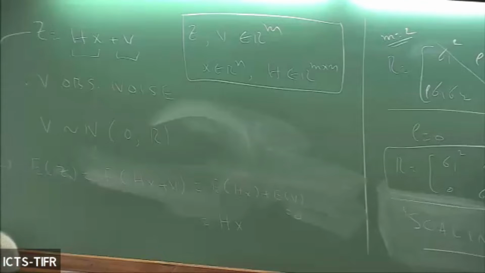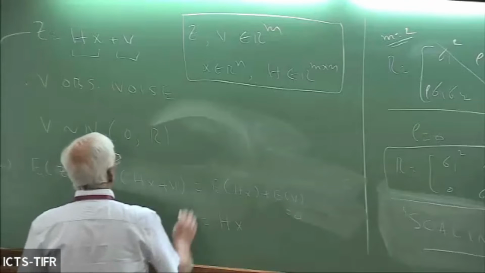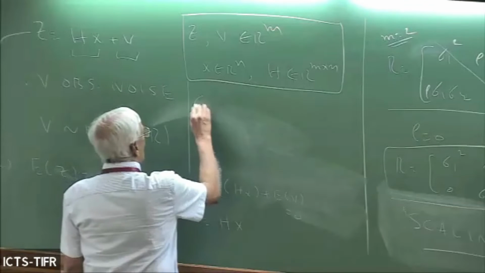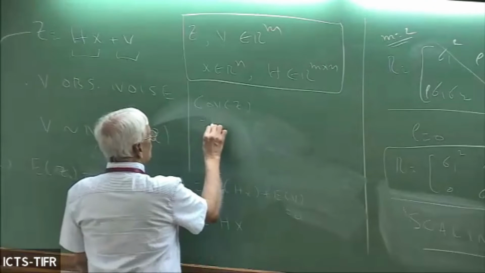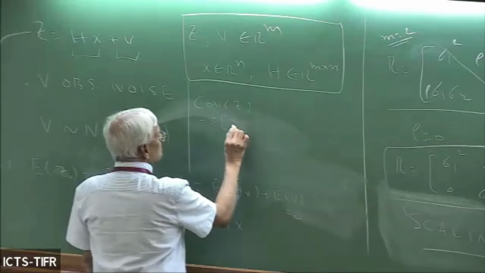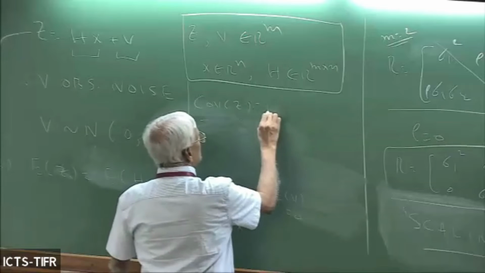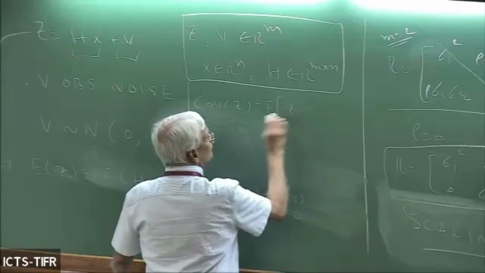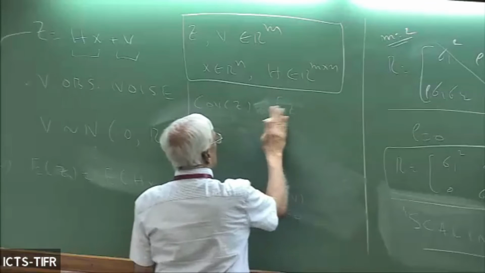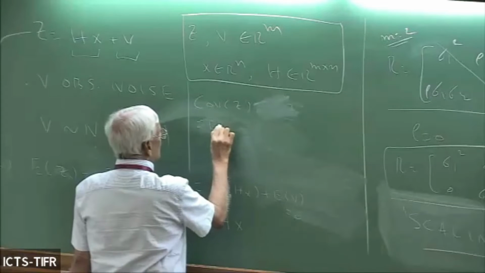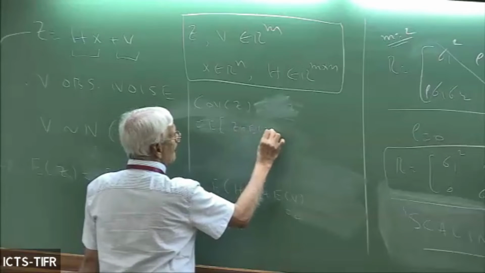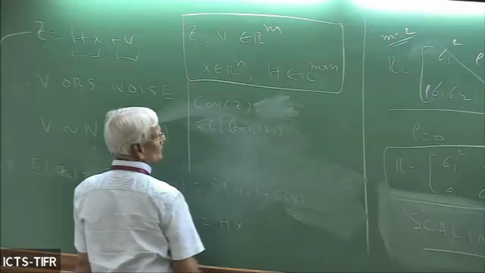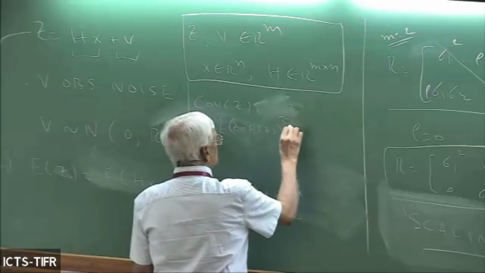Okay. Now, what is the covariance of z? And what is the property of the covariance? The covariance of z by definition is the expected value of z minus E of z, times z minus E of z transpose.